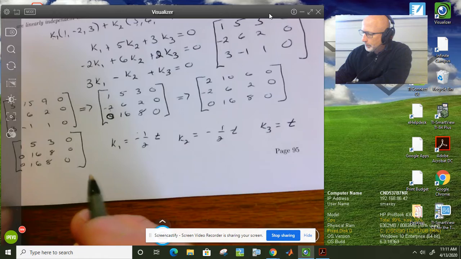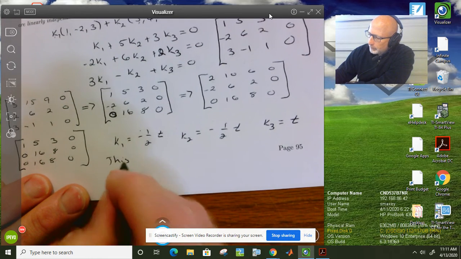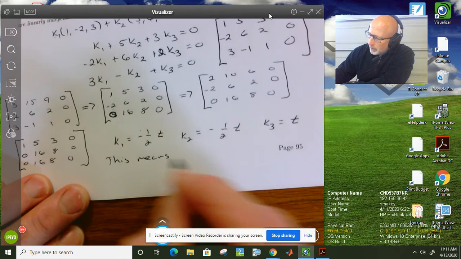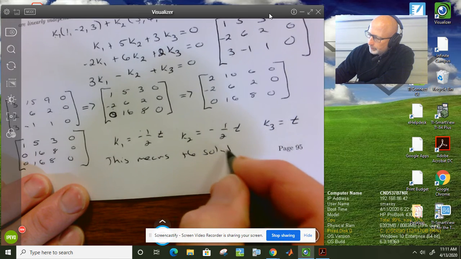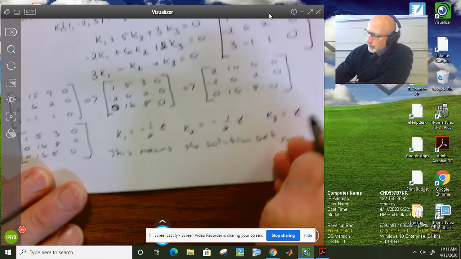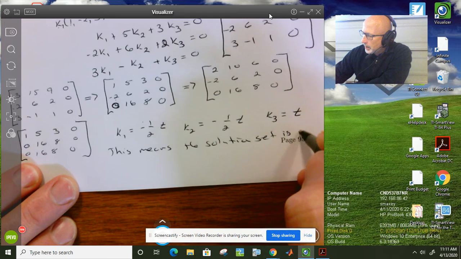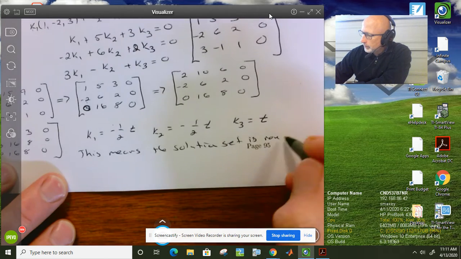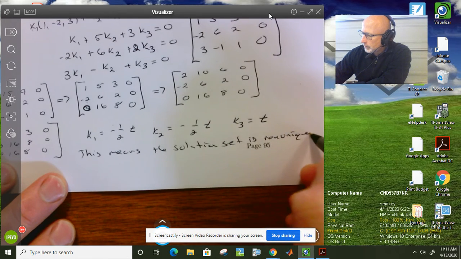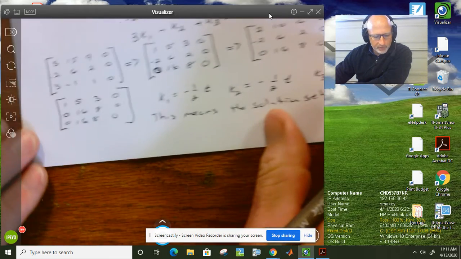So what this means is the solution set is non-unique. What does that mean?